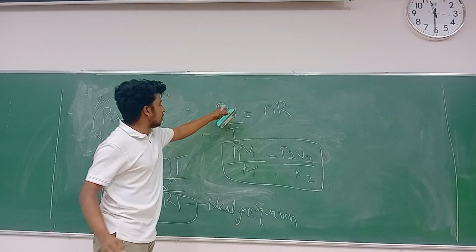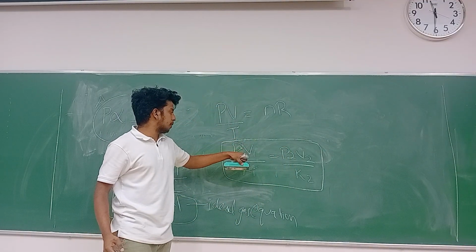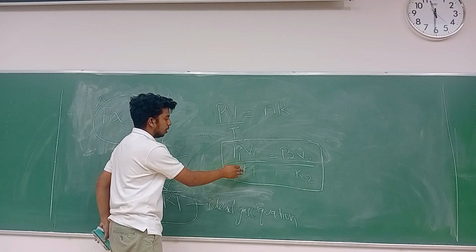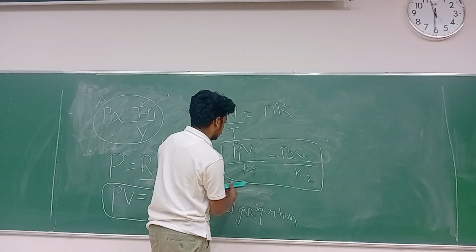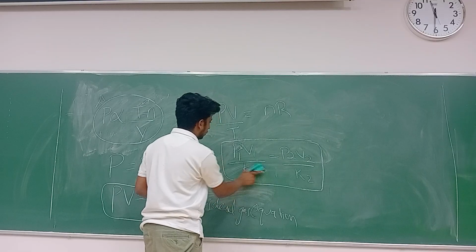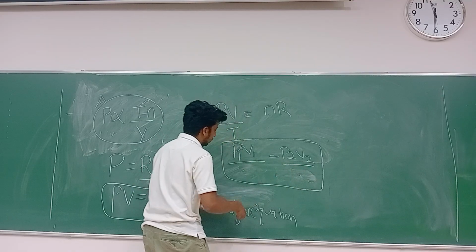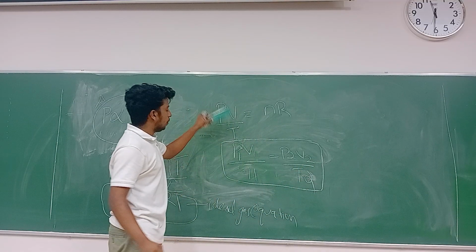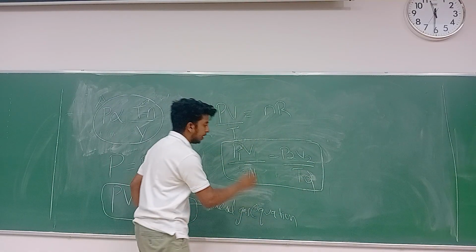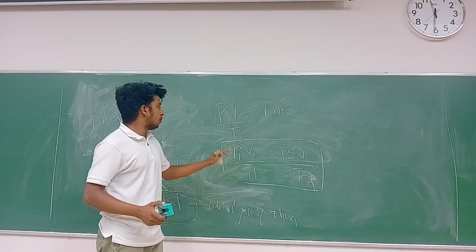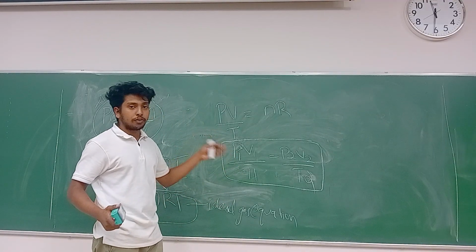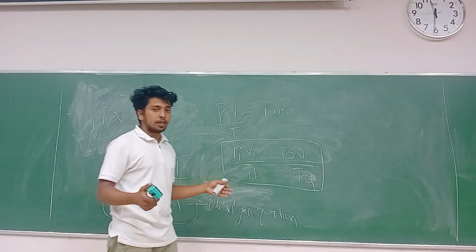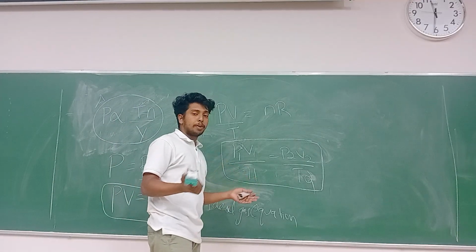So from this we can ultimately make the equation P1V1 over T1 equal to P2V2 over T2. This is the combined gas law. From this gas law, we can find the different states of a gas, the variable parameters of the gas, at each stage.